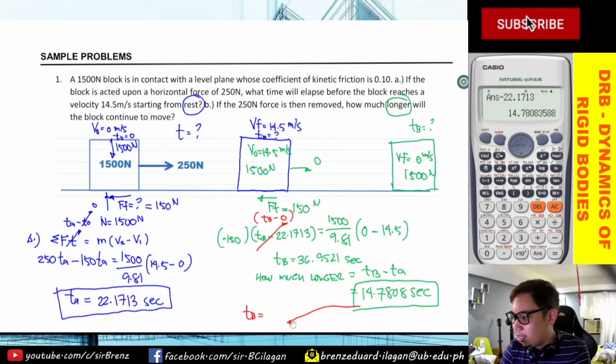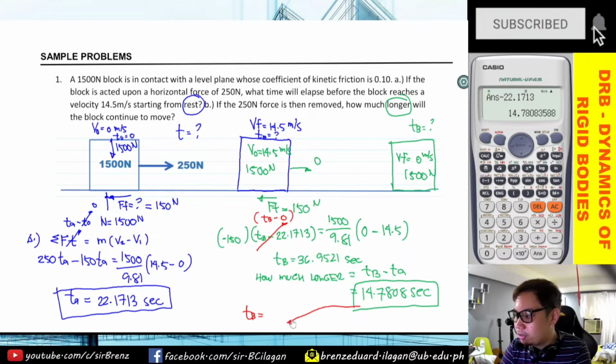Alright guys, again, I'll give you 2 minutes to copy the solution.